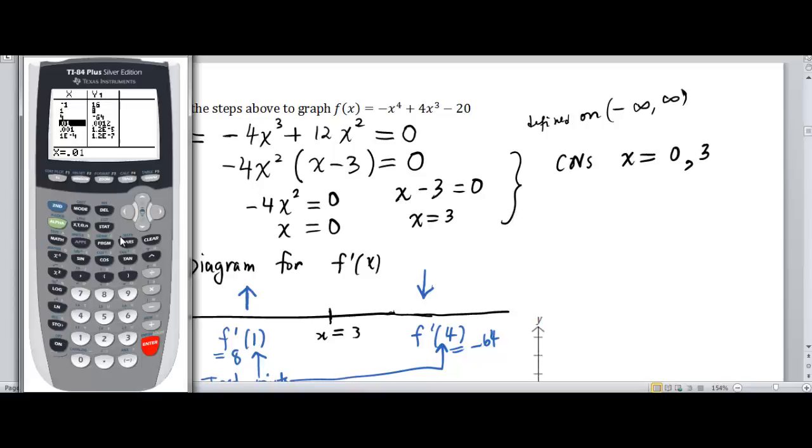We have to put the original function in, so that's negative x to the 4th plus 4x cubed minus 20. Okay, and then we want to plug in our critical numbers, 0, 3, in the table. So we get negative 20 and 7.